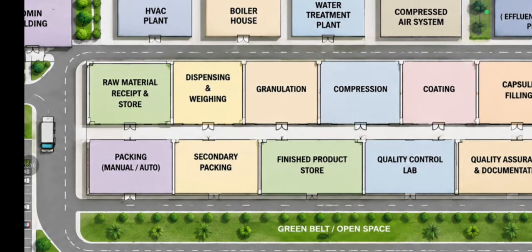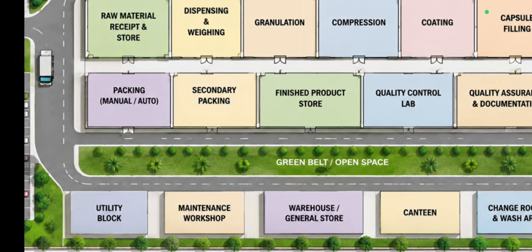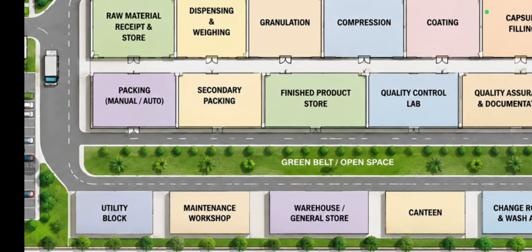Other departments like the raw material store, then the dispensing wing, granulation, compression, coating, capsule filling, secondary packaging, finished product store, quality control lab, QC, QA. So these are the departments also available in a plant. After that, a green belt or open space is also available in a pharmaceutical plant.